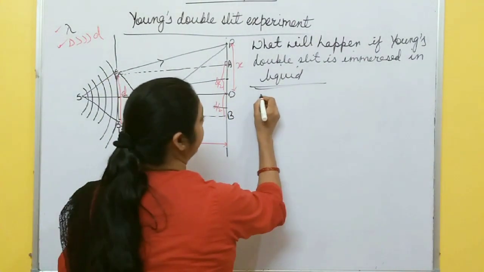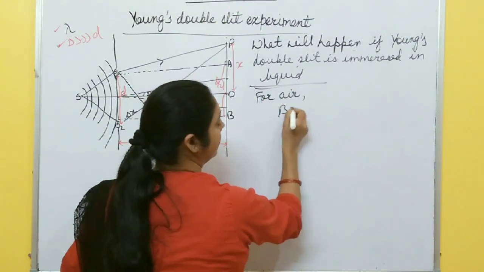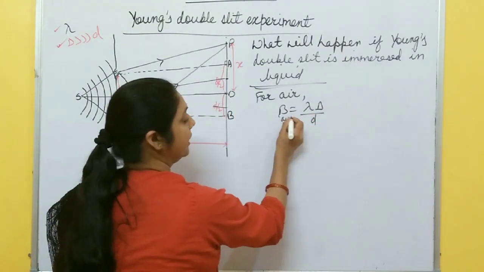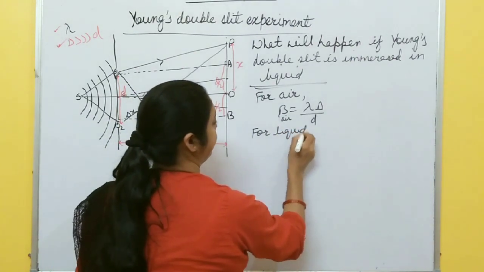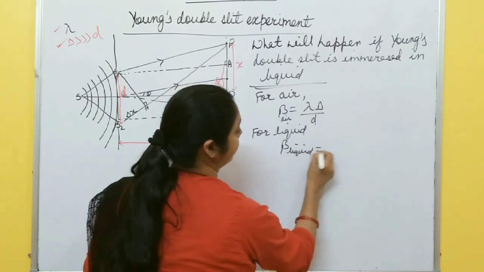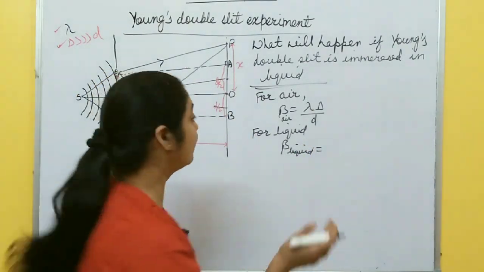Suppose for air, the fringe width is lambda capital D by small d. This fringe width is for air. And for liquid, what is the fringe width? Inside the liquid, the velocity of light changes, and the wavelength of light also changes.